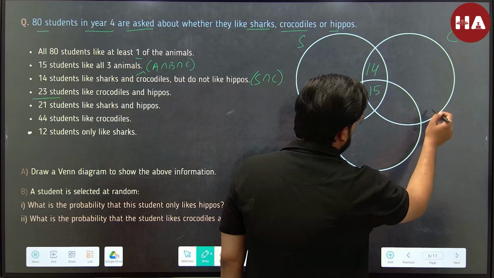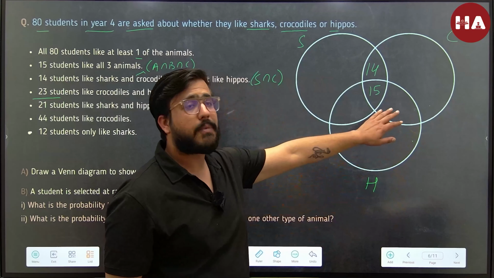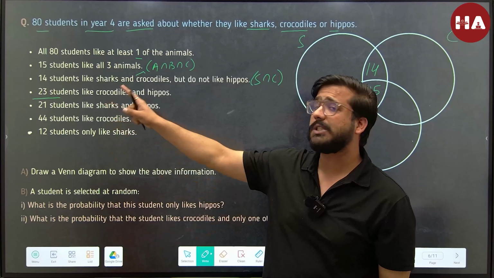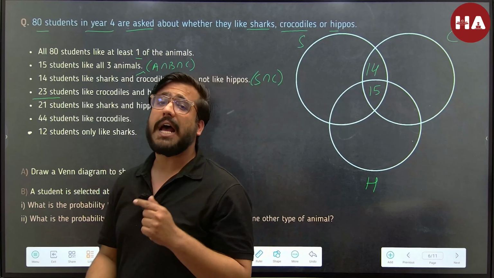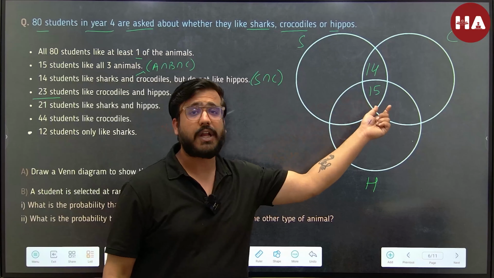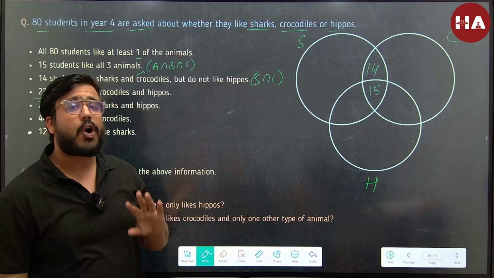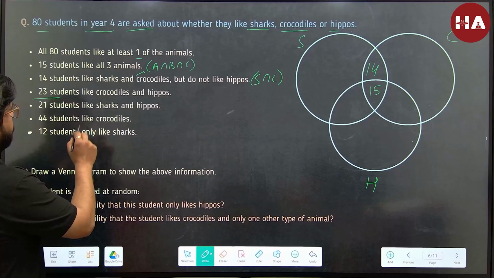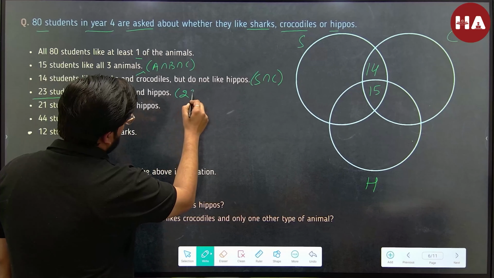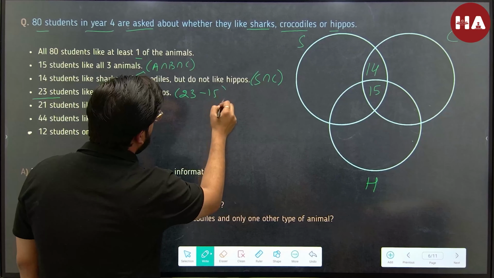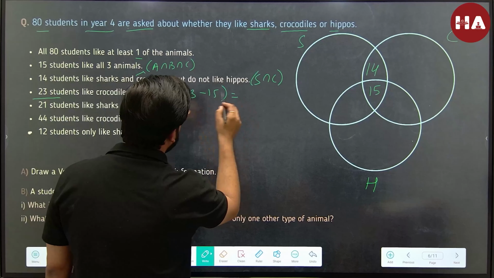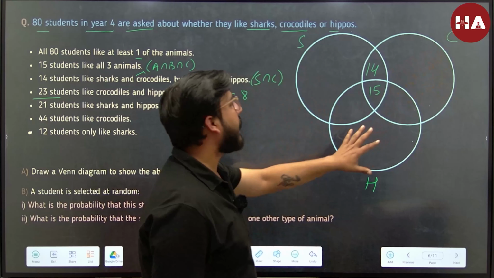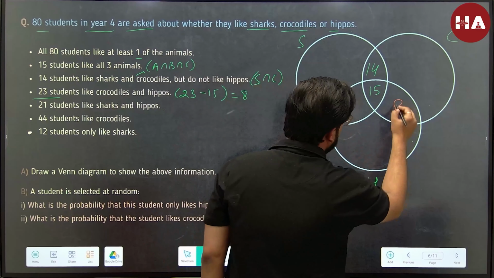As this is the common part, and we have already included the 15 who like all three animals, the answer will be 23 minus 15, which comes to 8. So the intersection part of crocodiles and hippos will have the number 8.